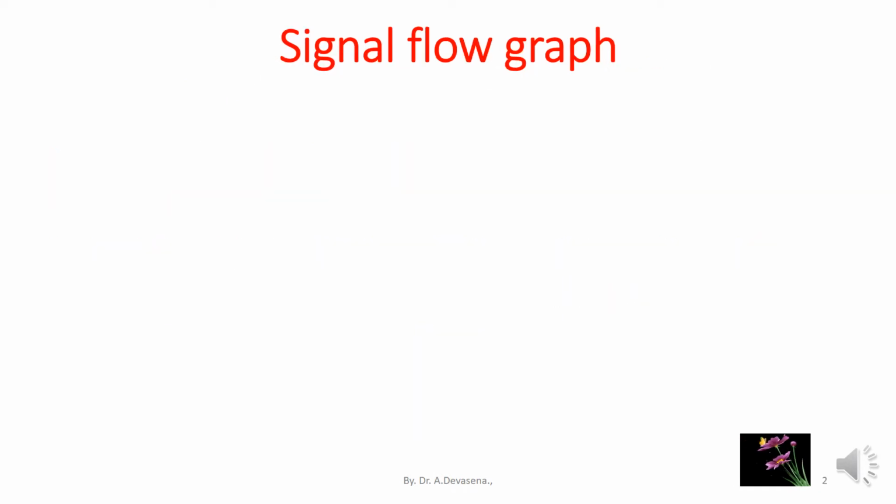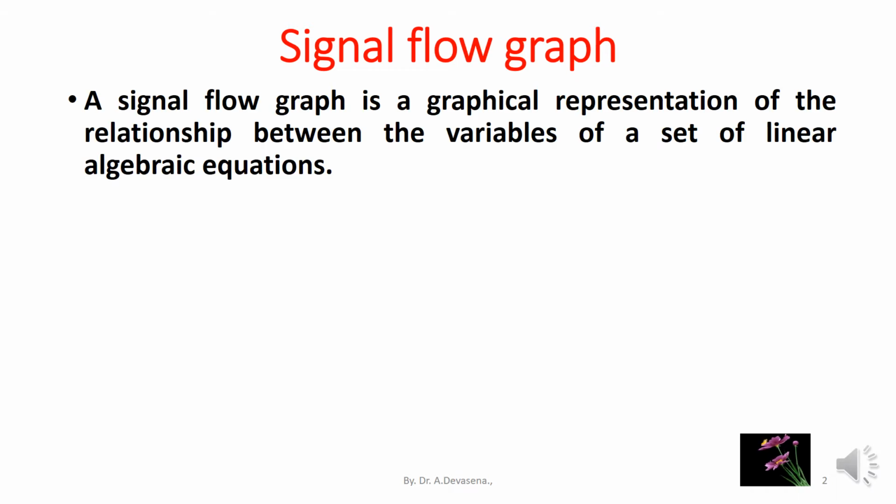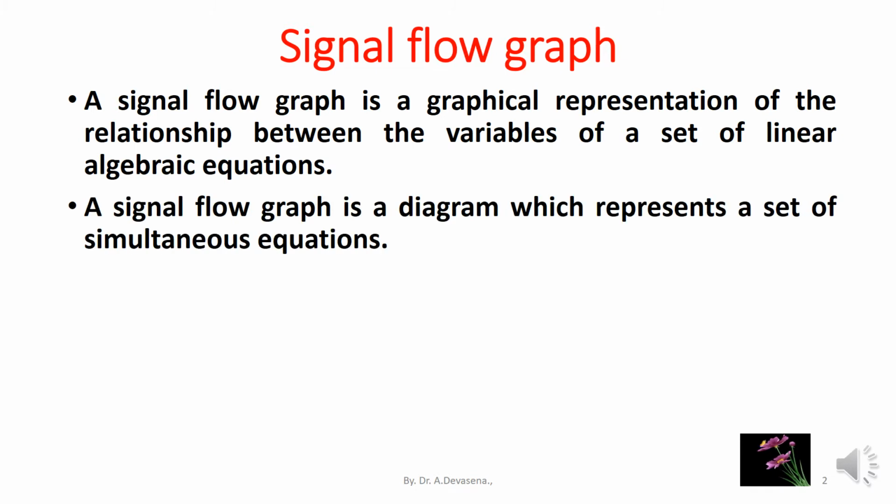Signal flow graph. A signal flow graph is a graphical representation of the relationship between the variables of a set of linear algebraic equations. A signal flow graph is a diagram which represents a set of simultaneous equations.